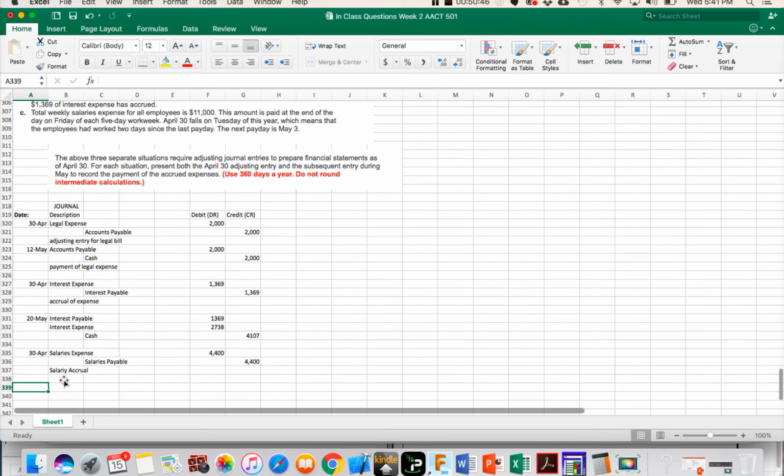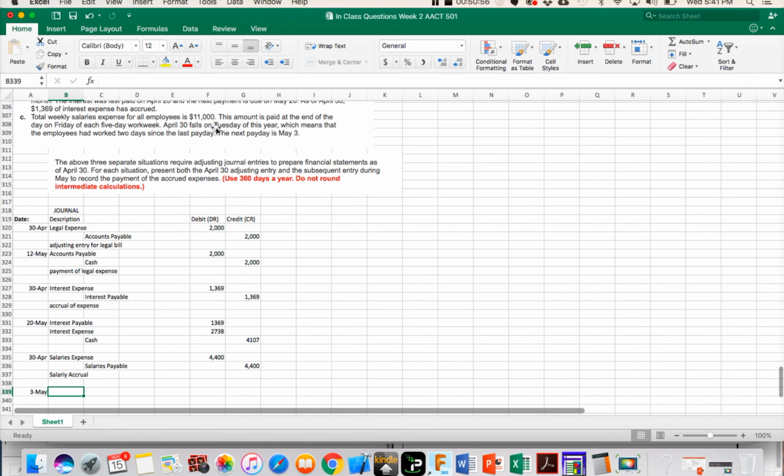And then here, May 3rd, we go to actually pay the payroll, which again we said was $11,000. So part of that is going to be made up by salaries payable being erased, or as much erased as we can in accounting.